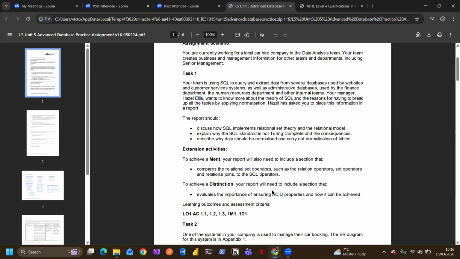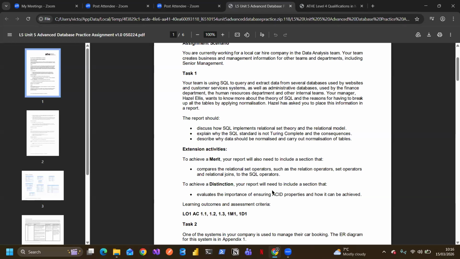With the extension activity to achieve a merit, your report will also need to include a section that compares the relational set operators, such as relational operators, set operations, and relational joins, to the SQL operators.